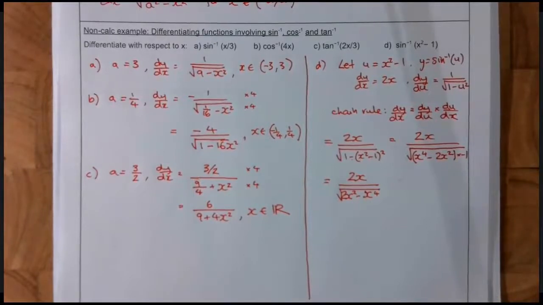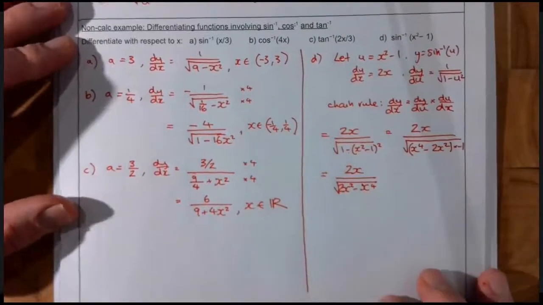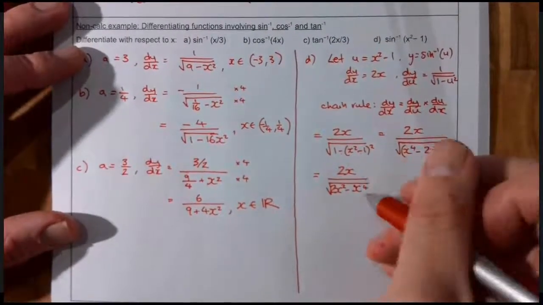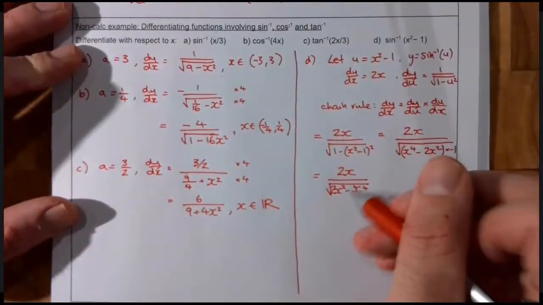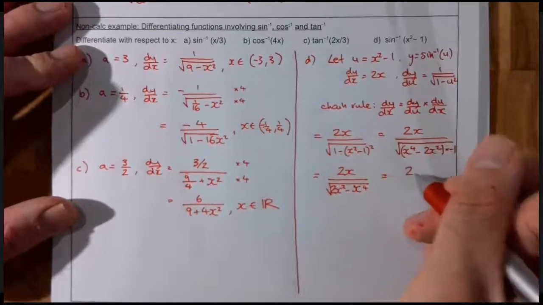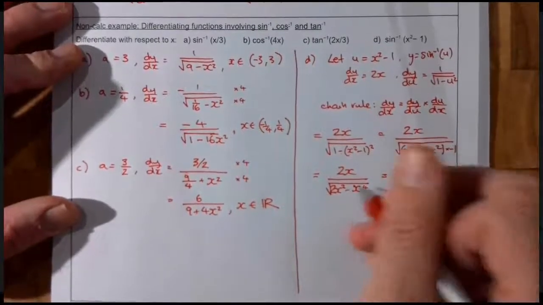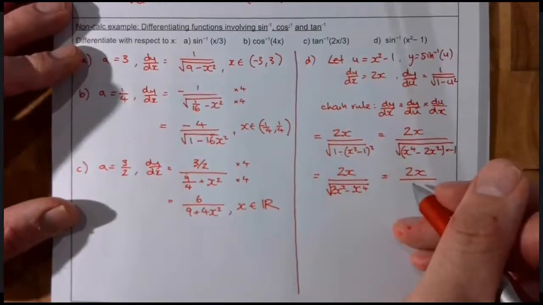Okay, now here's the really clever bit, or the bit where we all make mistakes if we're not on top of our game. So we can see that there is a factor of x squared within this square root here, which we want to bring out. So that will simplify our expression, but I need to be careful here because x can be positive and negative.